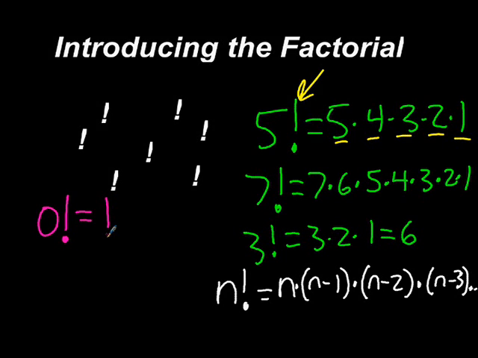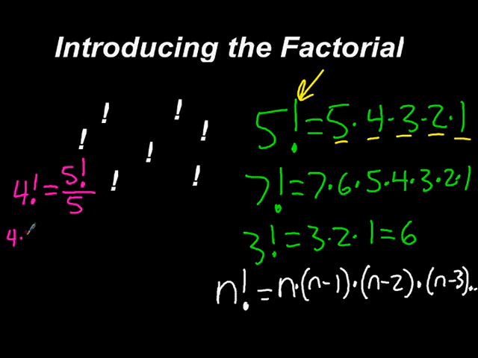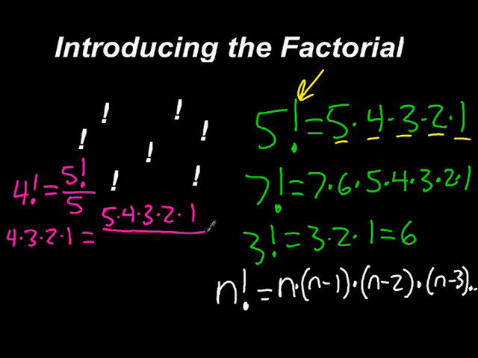Let's say we had, let me erase this. Let's say we had 4 factorial is actually going to equal 5 factorial divided by 5. Does it make sense yet? Well, 4 factorial really means 4 times 3 times 2 times 1. Okay, if that's going to equal 5 factorial divided by 5, well, that's 5 times 4 times 3 times 2 times 1, all divided by 5, right?